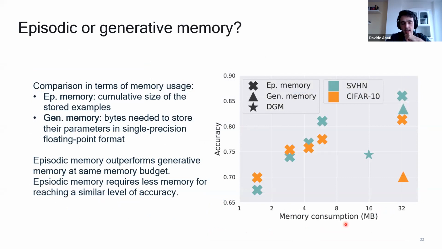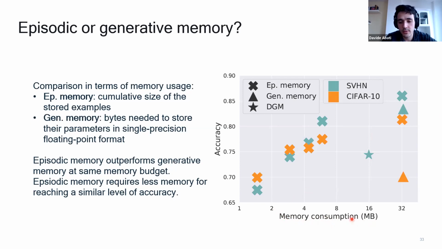I have a couple more slides. The first one, I particularly like, because episodic memory models and generative memory models for continual learning kind of compare against each other, but it's not clear which strategy between episodic memory or generative memory should be used for a continual learning problem. So what we did is to compare them by considering the memory consumption.